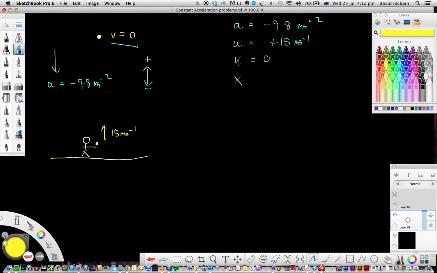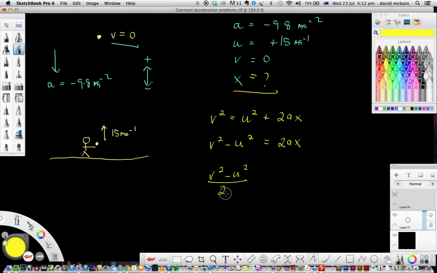We can use v squared equals u squared plus 2ax. And we wish to rearrange this so that x is the subject, because that's what we're trying to find. So we've got v squared minus u squared equals 2ax. And therefore, dividing both sides by 2a, we've got v squared minus u squared over 2a equals x.